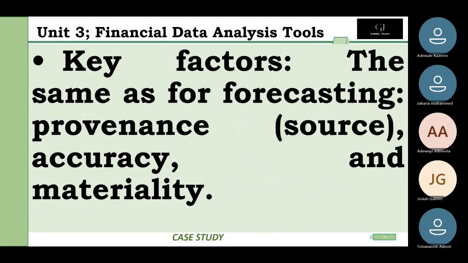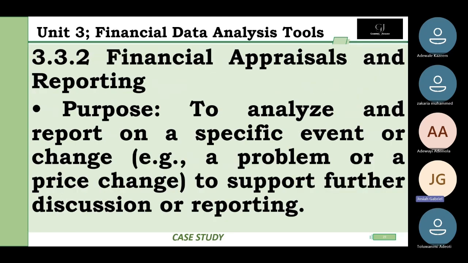For the key factors, financial appraisal is the same as we've said for financial forecasting. You have to look at the provenance, which is the source, and the accuracy and materiality of the information in the decision you're about to make. After financial appraisal, it culminates in financial reporting.